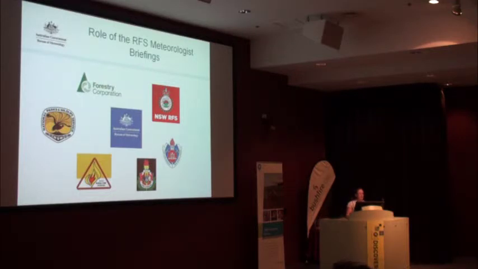So a lot of that communication is coming from the Rural Fire Service meteorologist, who's then briefing decision makers who are promulgating that information. We also have those briefings open to all fire agencies for New South Wales and ACT, and if the Rural Fire Service meteorologist is not available, there's always the option of phoning the Sydney office of the Bureau, and you can get a briefing from the fire forecaster who is on.